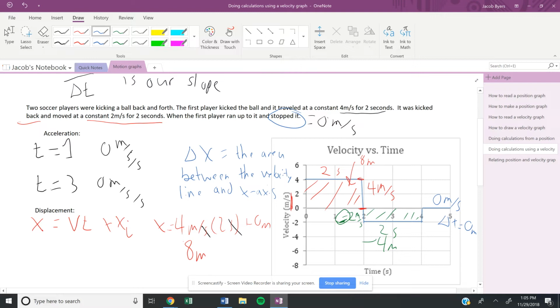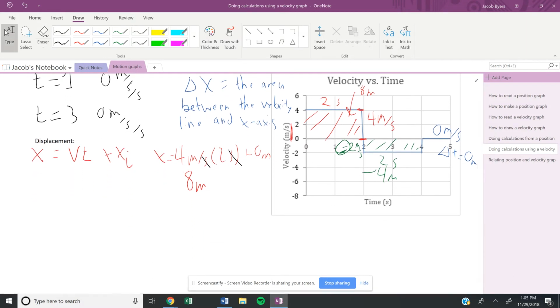Now to figure out my overall displacement, we can stay here at time 2 seconds, we are located at 8 meters. Position equals 8 meters, okay, we found that over here with our area of that. So at time 2, we've moved forward 8 meters.